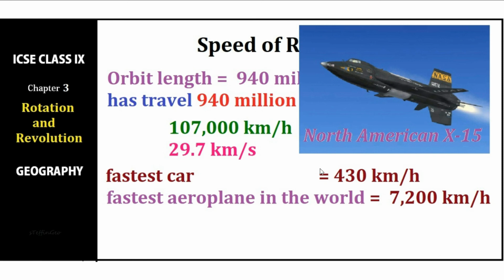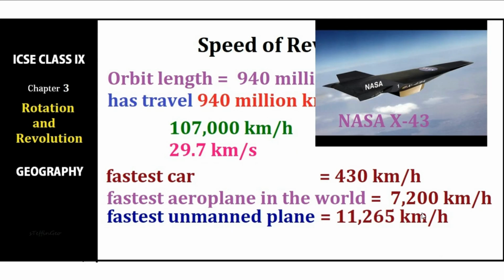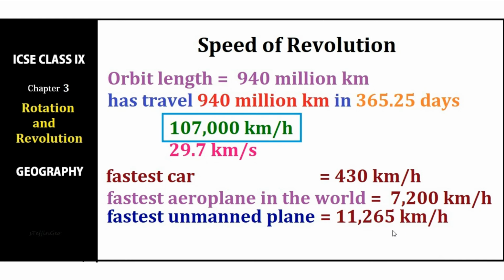Or if you take the fastest aeroplane in the world, the North American X-15, the maximum speed it can achieve is only 7,200 km per hour. Or the fastest unmanned plane, again it's only 11,000 km per hour. But the speed of the revolution of Earth is more than 1,07,000 km per hour. So this is about the speed of the revolution.